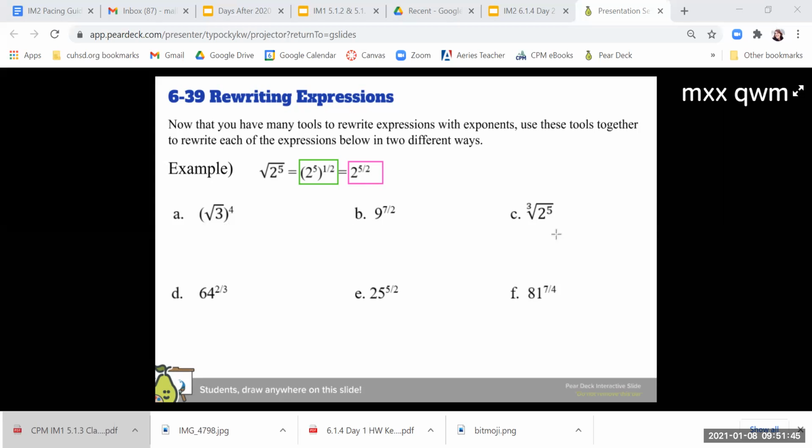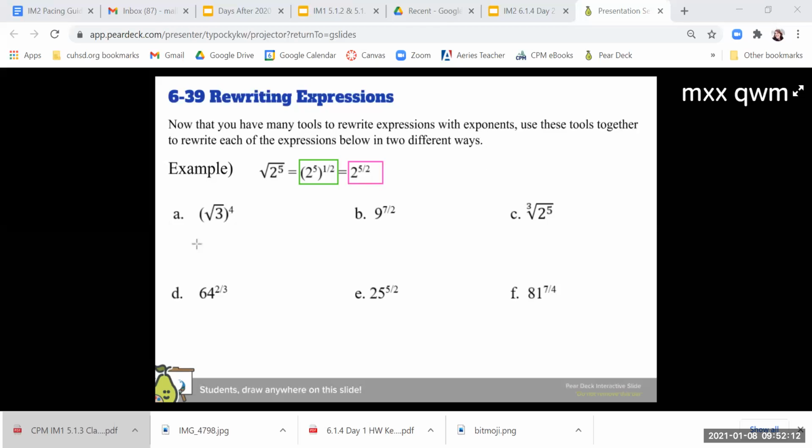Each of these expressions, what we want to do is write 2 equivalent expressions. We don't need to get an answer per se. The goal is not to just get the number without any fraction, exponent, or radical. The goal is to change their form and get practice doing that.